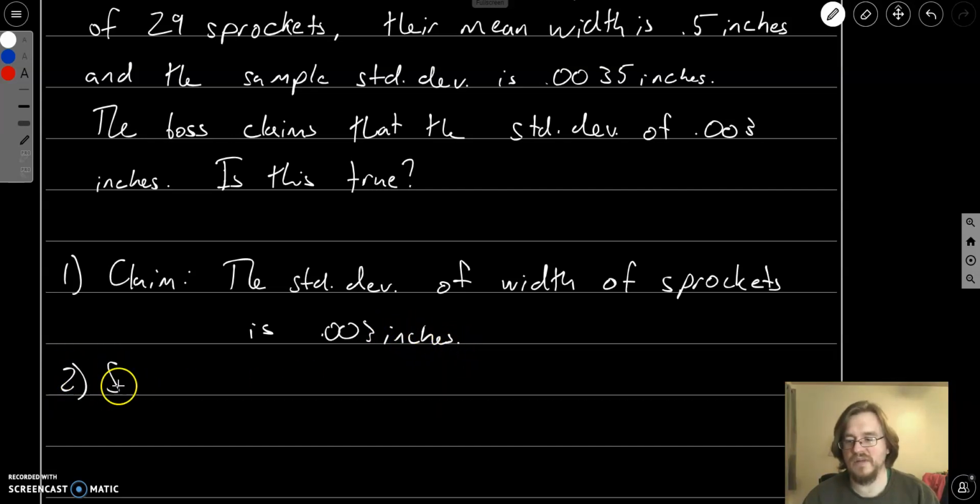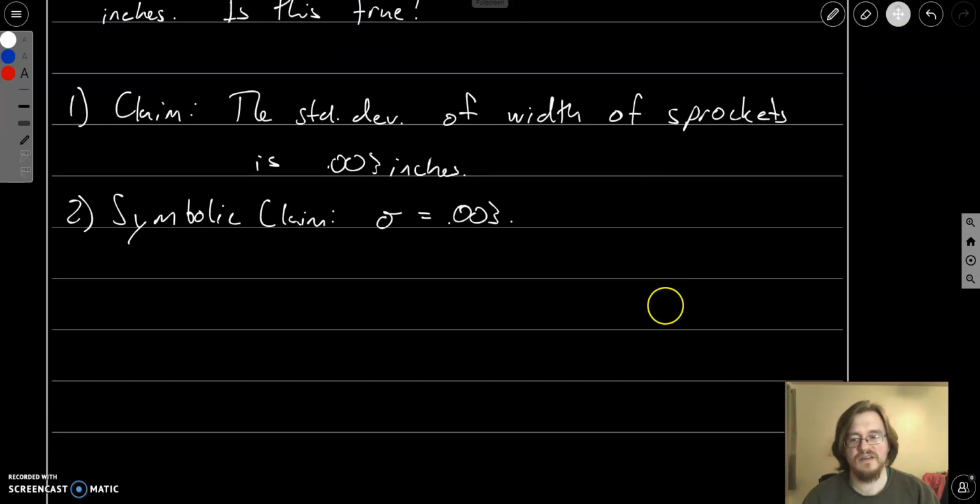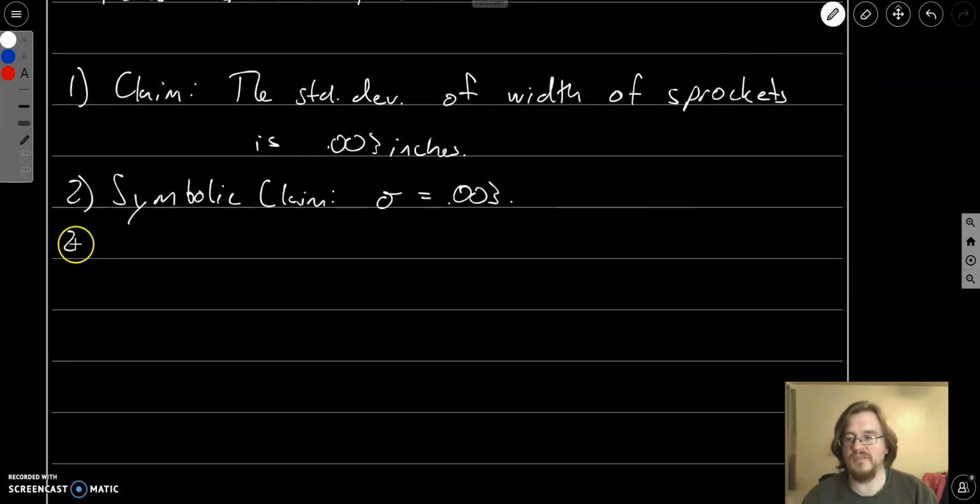Then we need a symbolic claim. And this will be that the standard deviation is in fact equal to 0.003. Okay, so far so good.